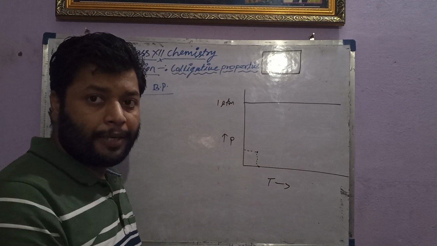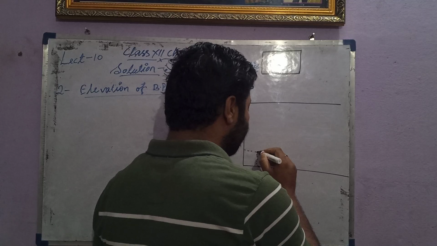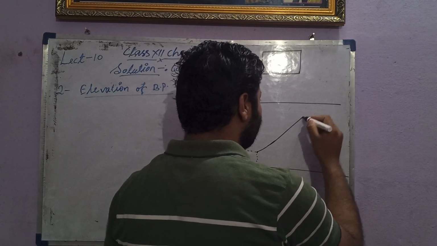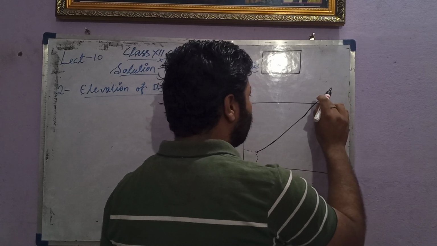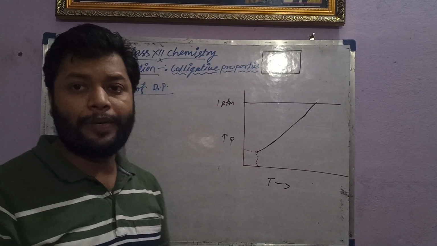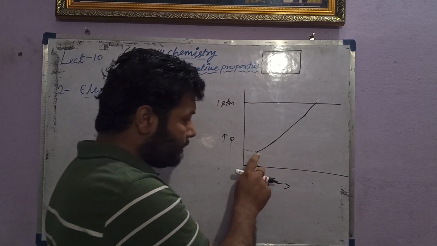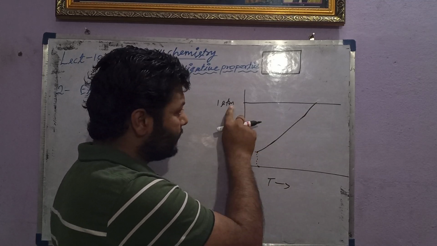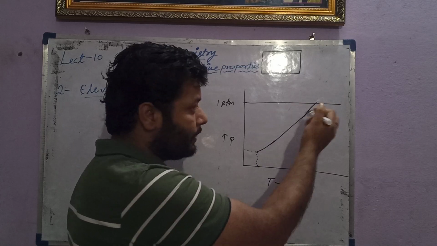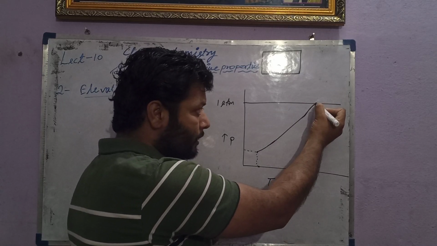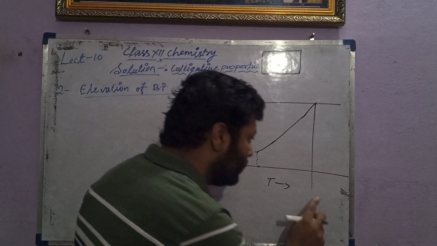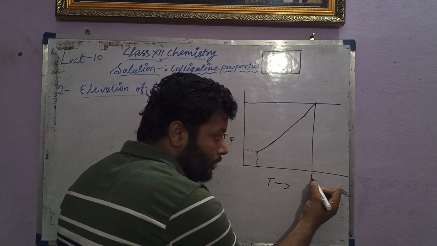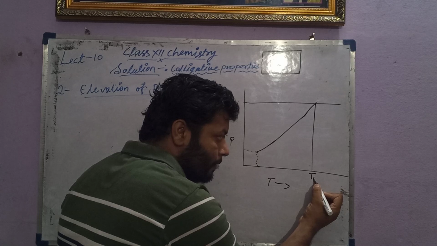As we increase the temperature, the vapor pressure of a liquid increases. So when the vapor pressure of the liquid attains the atmospheric pressure, this point is called the boiling temperature TB.